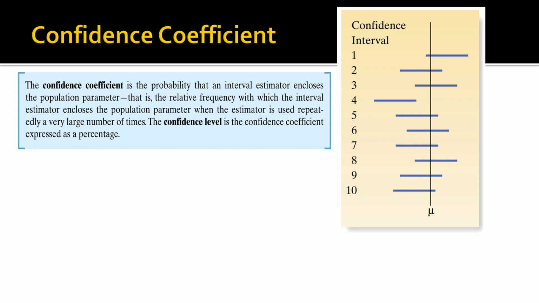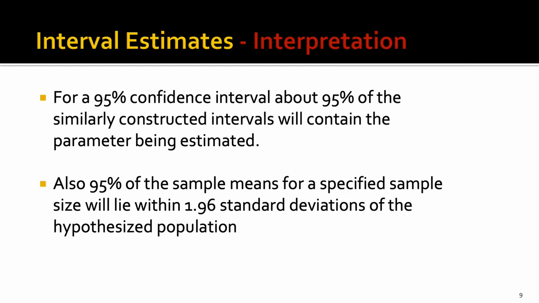If you have a look at all of these different samples, we have 10. You'll notice that 9 of those 10 include the true population mean, which is this specific black line, and 1 does not, which means 90%. So some interpretation: for a 95% confidence interval, about 95% of similarly constructed intervals will contain the parameter being estimated.